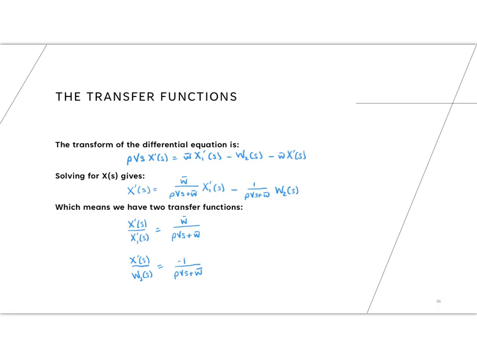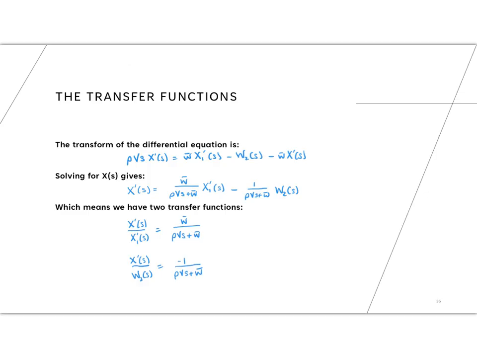Now, what we had done in the last video is we had taken our differential equation model for a tank where we had a stream and we were modifying it by adding some pure component A to it. And we had our differential equation model in terms of deviation variables. And if we solve for x, we get this.